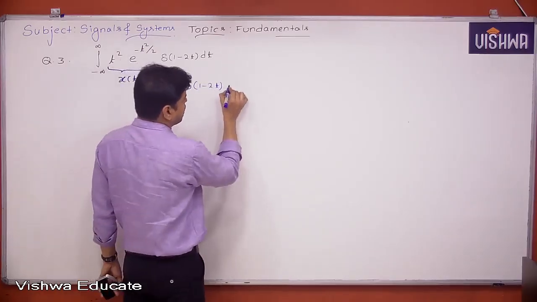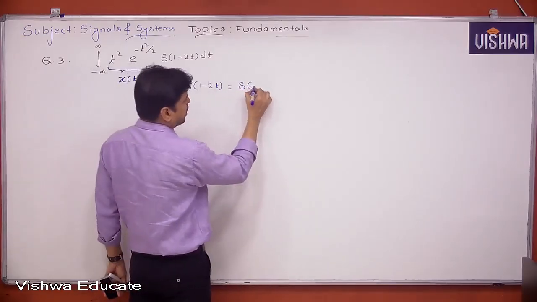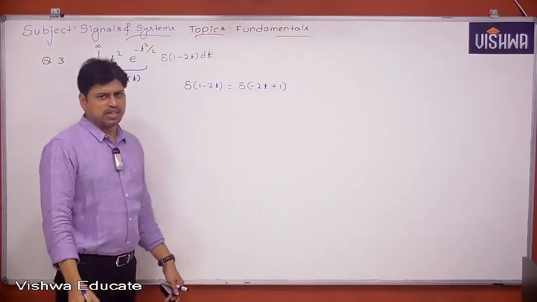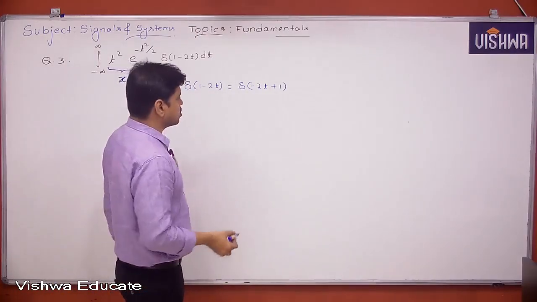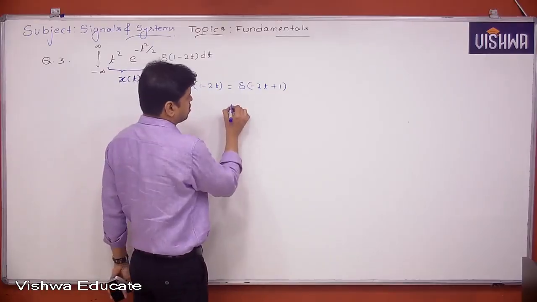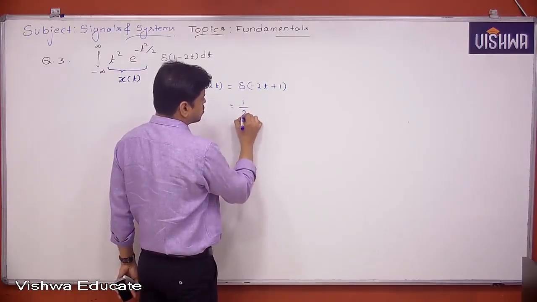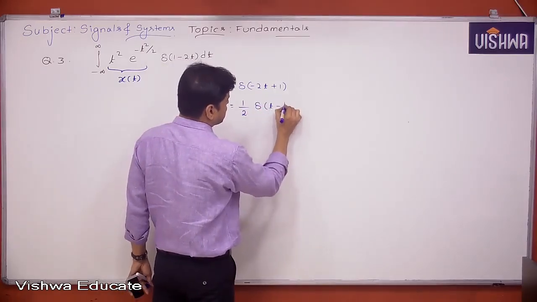Can I rewrite this as delta of minus 2t plus 1? Addition is a commutative property. If I take minus 2 common out, 1 by mod minus 2, which is 1 by 2, delta of t minus 1 by 2.